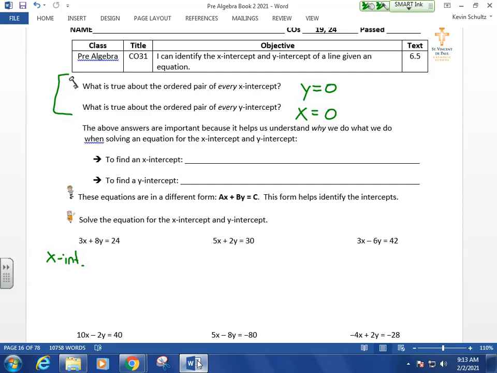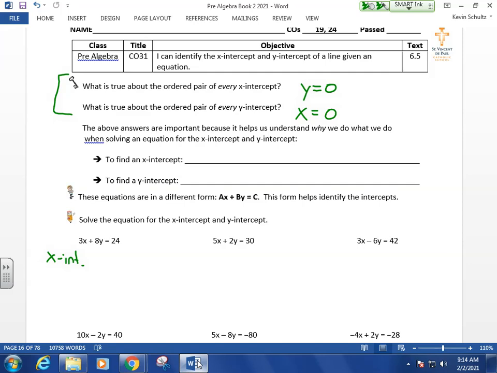Now remember, in an equation that can be graphed, all the solutions for x and y represent ordered pairs that are on that line. So if we're looking to find the x-intercept, and we know that for every x-intercept, y equals 0, what does that mean we're going to do? To find the x value that makes this equation true when y equals 0.